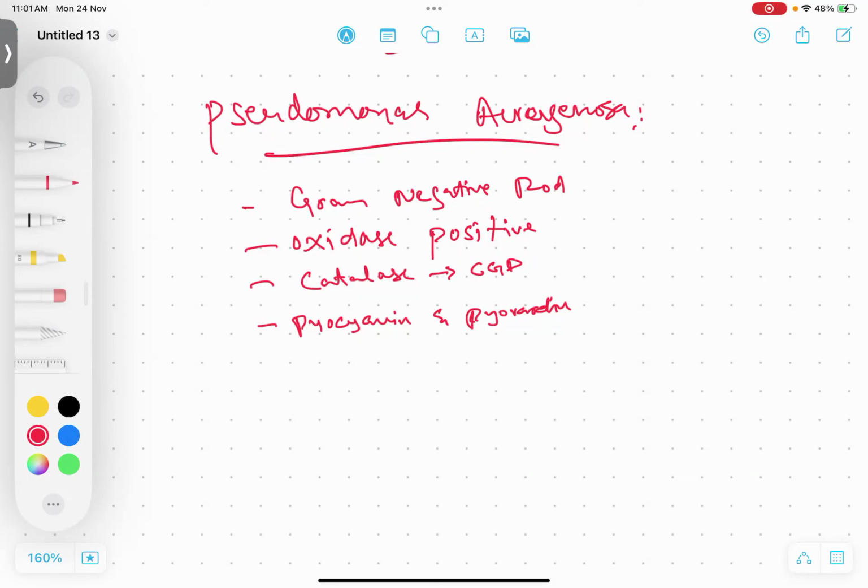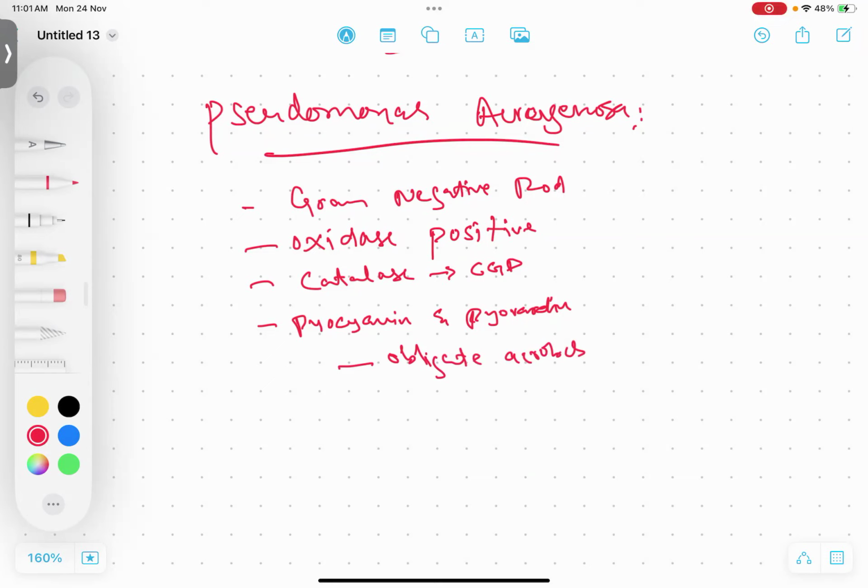So, important characteristics: they are gram-negative. They resemble the other Enterobacteriaceae, but they differ since they are obligate aerobes.